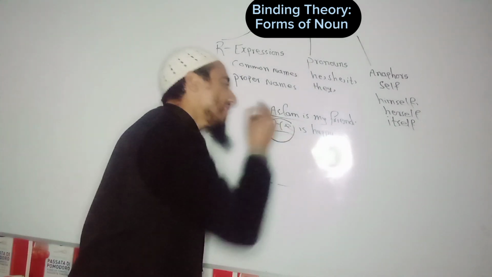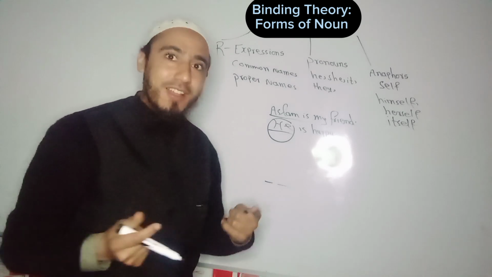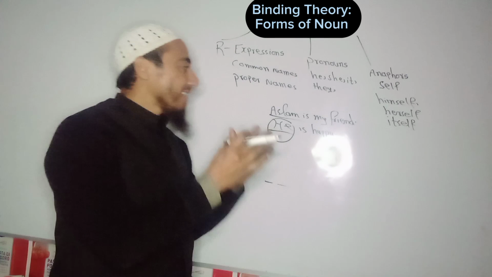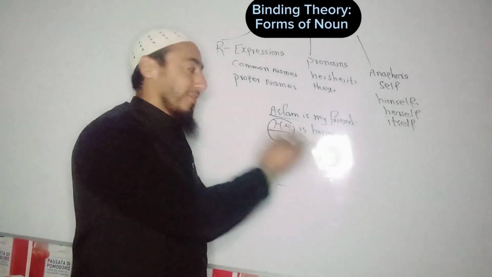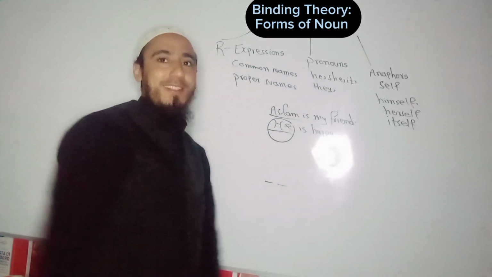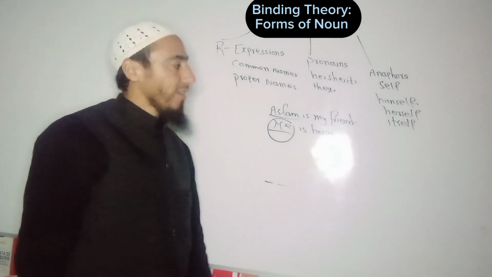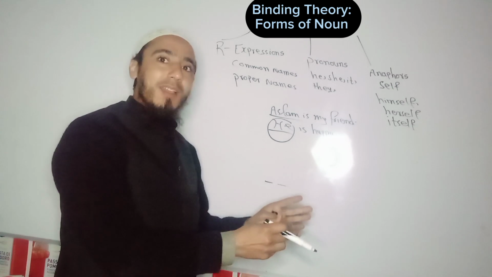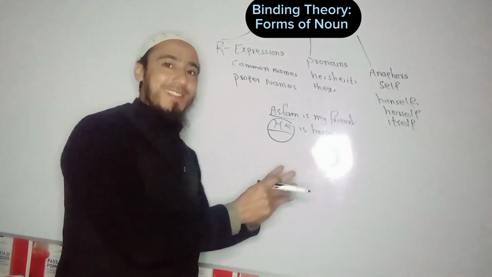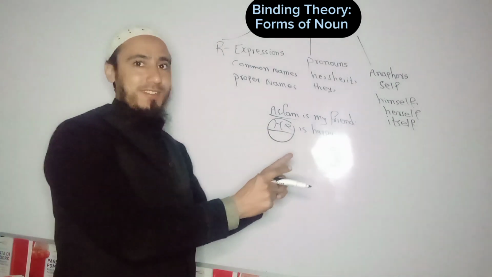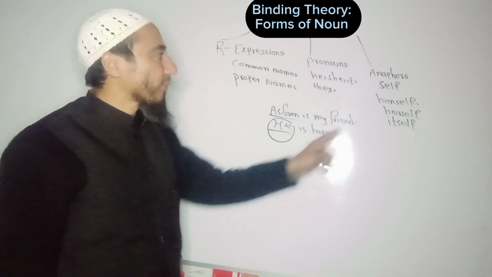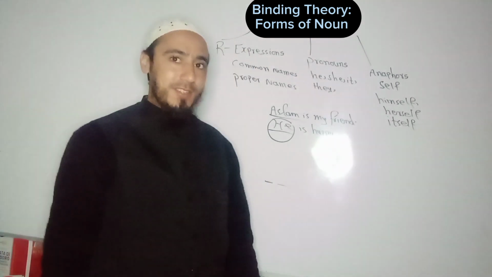But this he, which is a pronoun, refers back to Aslam, but not in the same sentence. Here we started another sentence. It may refer back to someone or something, but not in the same clause.